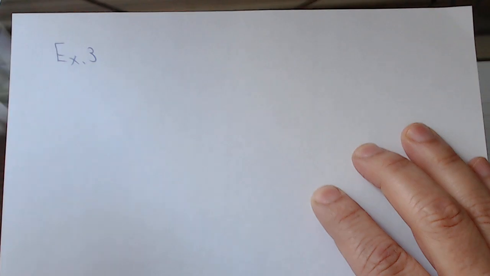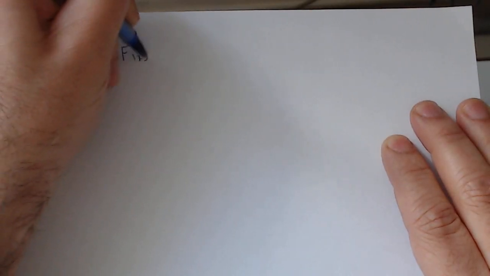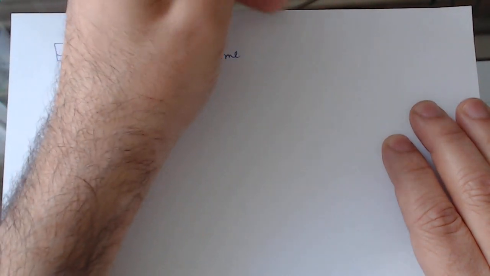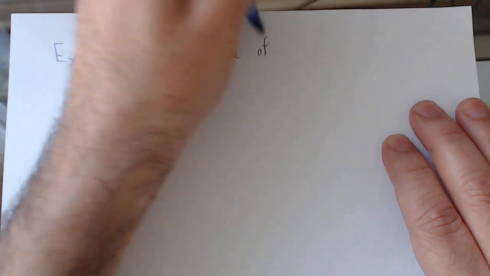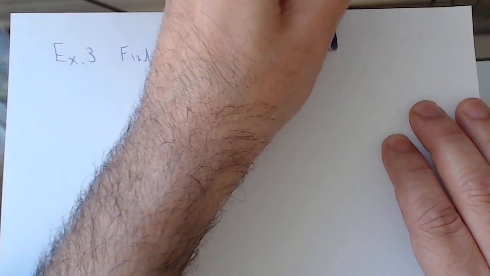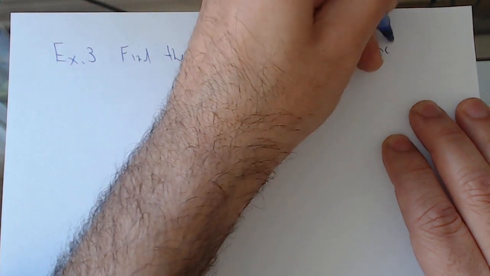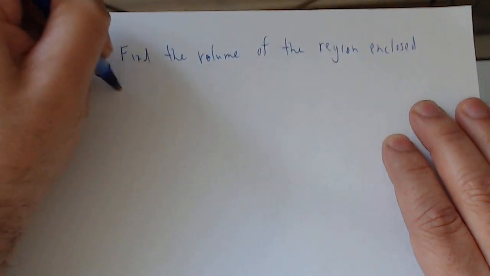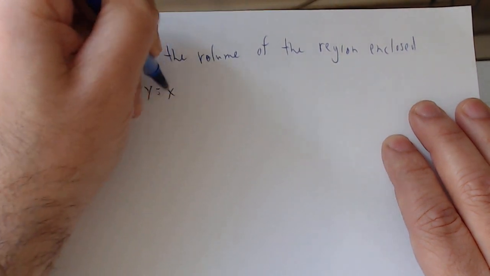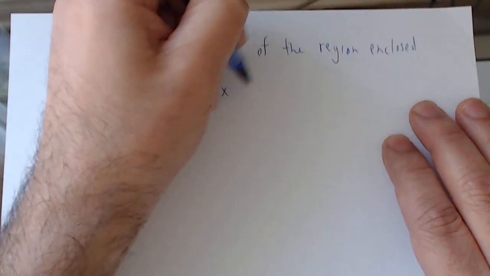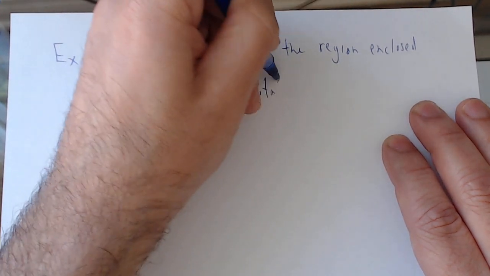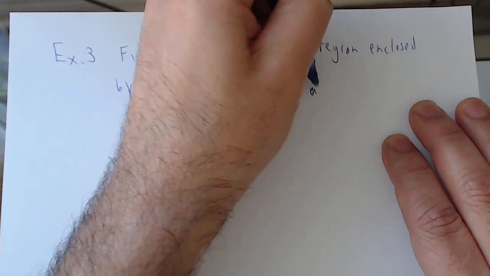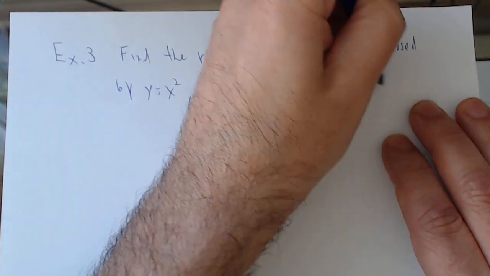Okay, so let's move on to the last example, which is a little more complicated. For example 3, we're going to find the volume of the region enclosed by y equals x squared and y equals x, rotated about y equals -1.